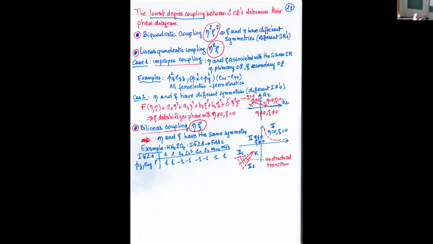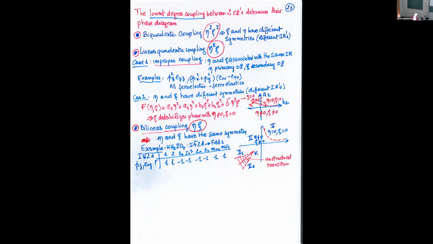But the phase diagram is also very interesting because you go from eta equals 0, zeta equals 0 to a phase where both order parameters are non-zero. But then below, you have a region where you end again at a critical endpoint between two isostructural phases, both of them with eta different from 0, zeta different from 0.